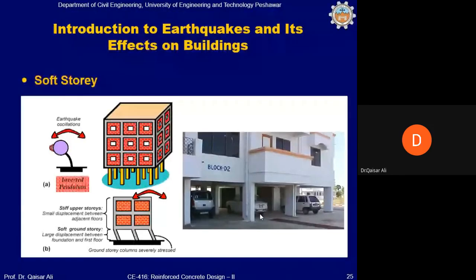So when there is an earthquake, the building will move in this manner. The lower part of the structure will move more than the upper part, and this story is basically called a soft story, and these soft stories need to be avoided in structures.